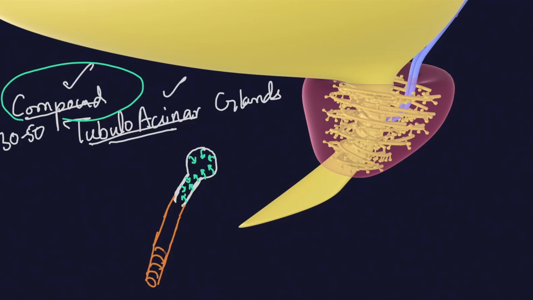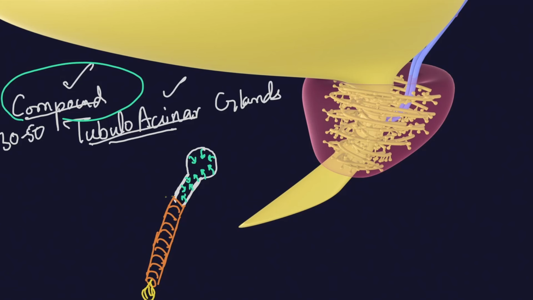The duct is not doing much, it is just transporting the secretions, though in some glands it may reabsorb water and concentrate the secretion. Other than that, it does not actively produce any substance. It is just a transport pipe, nothing more.